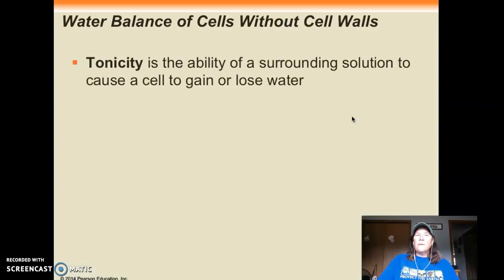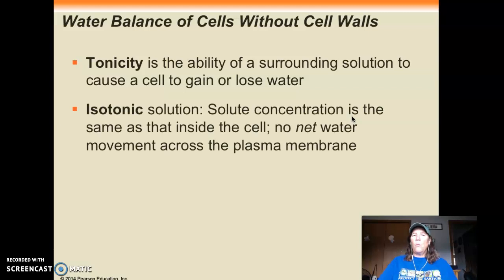So, water balance of cells without cell walls, and that would be us, mammals. If we don't have that, we can end up with some problems, okay? The cell can gain or lose water, and it can lead to problems with the cell. There's one solution that we want, and that's called isotonic. Isotonic means the solute concentration is the same.